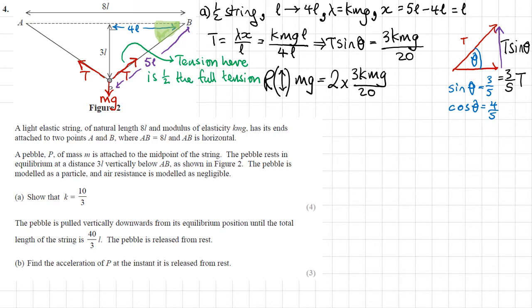The mg's cancel out, and the 20 and the 2 cancel out, just leaving you with 10 at the bottom. So we have 1 is equal to 3k over 10, and if we rearrange that, we will get k is equal to 10 over 3 as required.